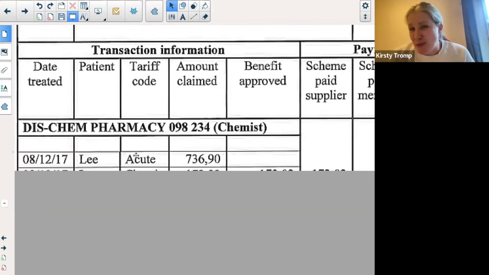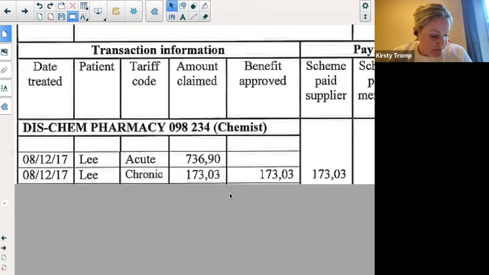So maybe he had some sort of medication and that's what they recorded it as. The amount that we claimed from medical aid was 736 Rand and 90 cents. And where it says benefit approved, it doesn't have anything there. So it's blank. All right. So nothing in that column.